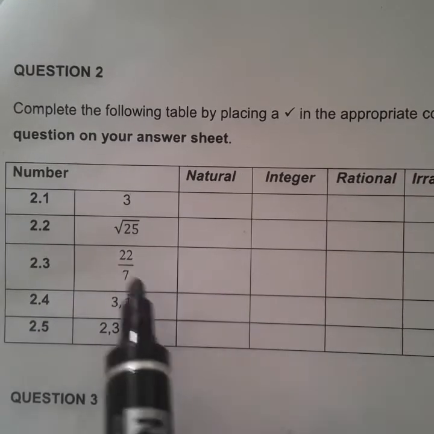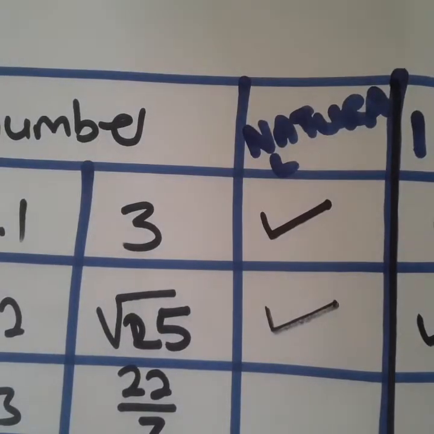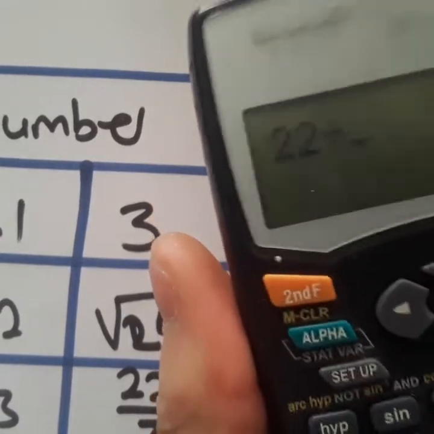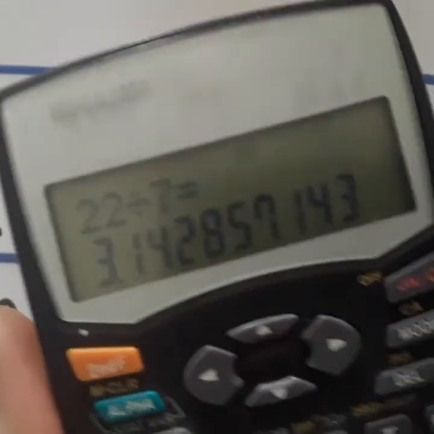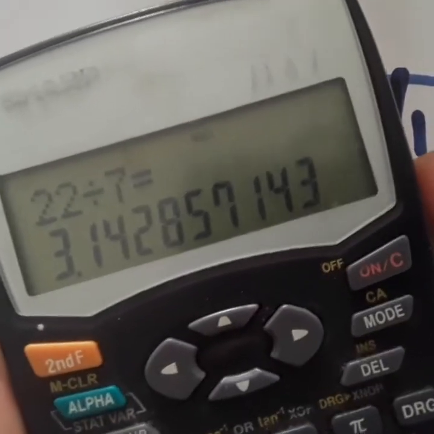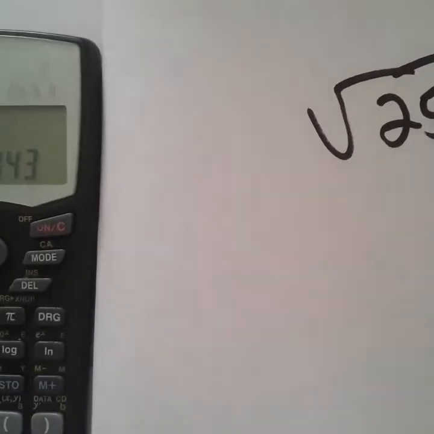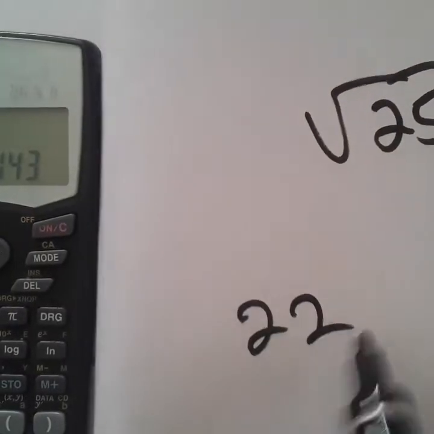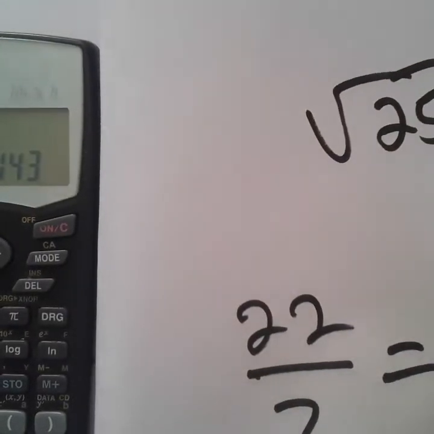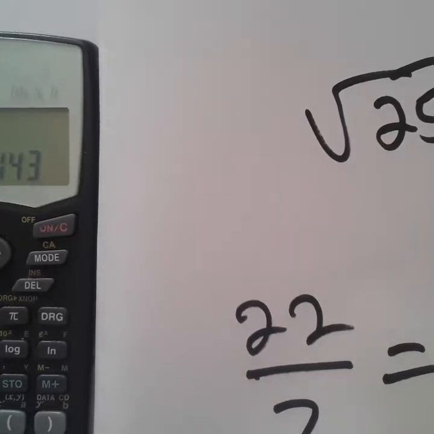We have 22 over 7. First, let's check 22 over 7 in the calculator. 22 over 7 equals 3.142.